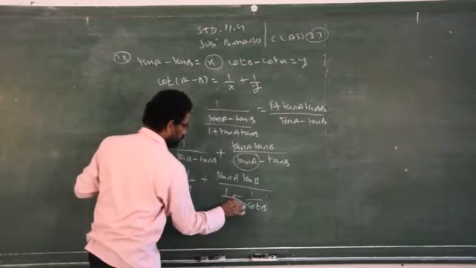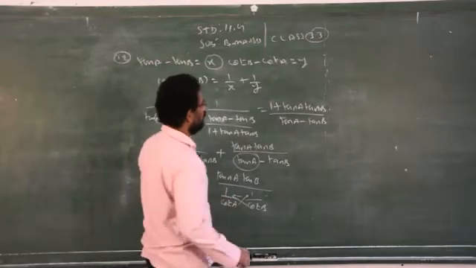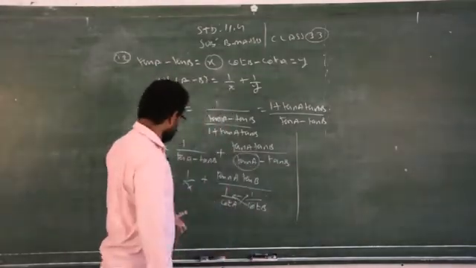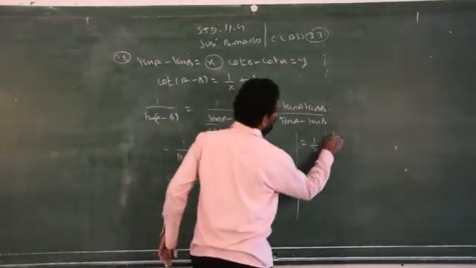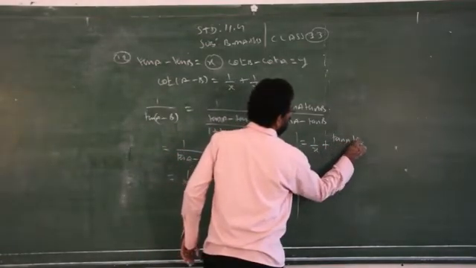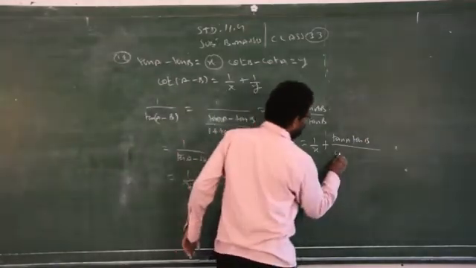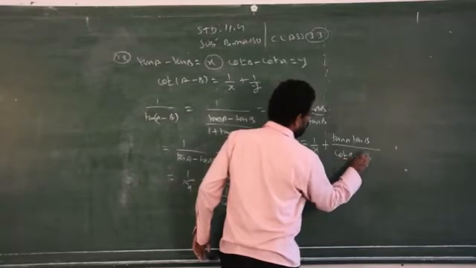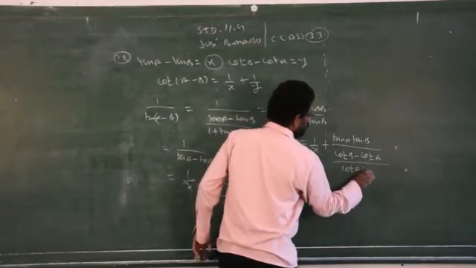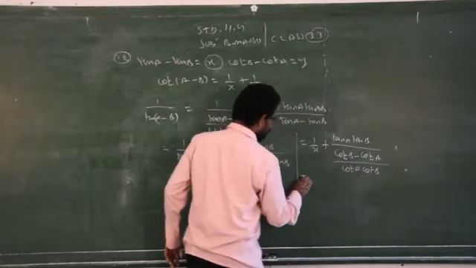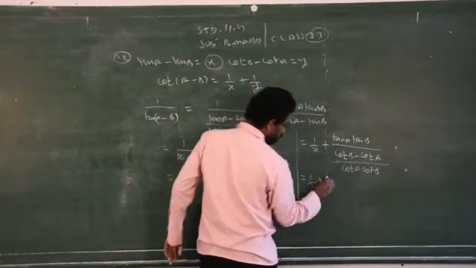I am just applying that LCM or cross multiplication of the denominators. I will get 1 by X plus tan A tan B. When you apply the cross multiplication, I get cot B minus cot A by cot A cot B. So 1 by X plus, again denominator by denominator goes to the numerator.